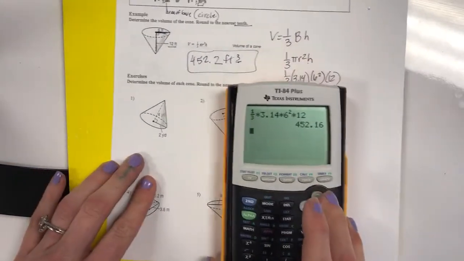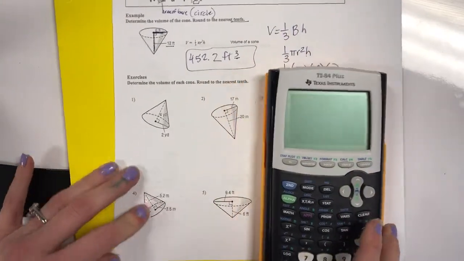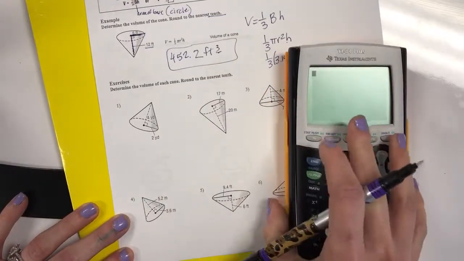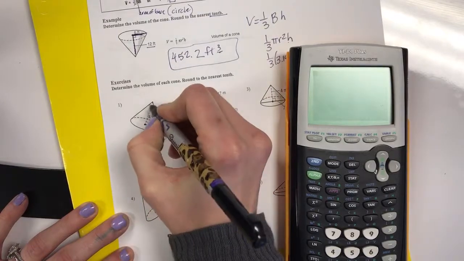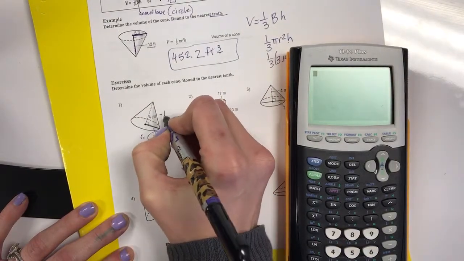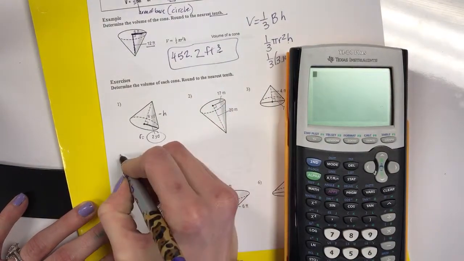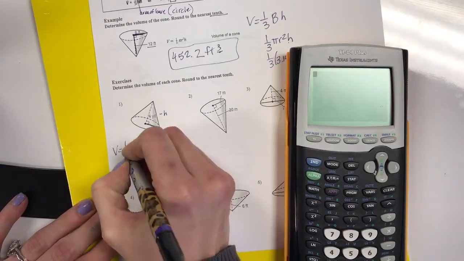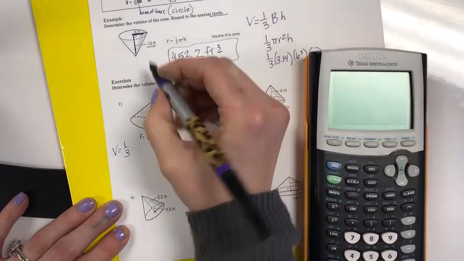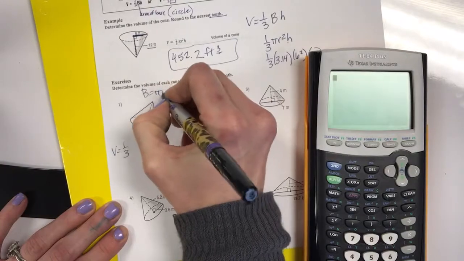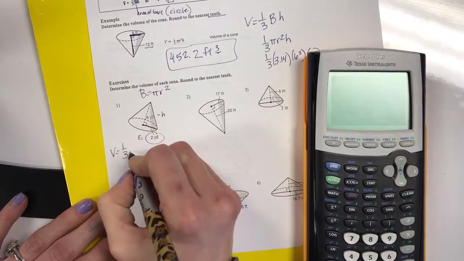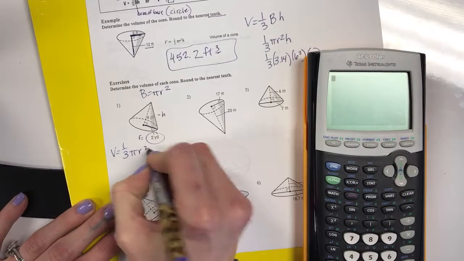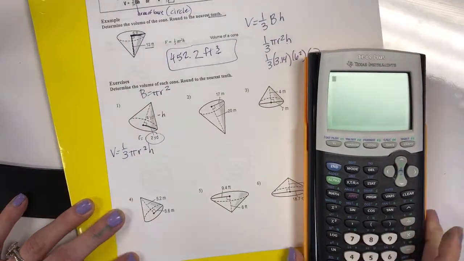So let's look at some of these exercises. Number 1, the radius is 2 and the height of the cone is 4. I'm going to write my formula down, 1/3. Since I know the area of my base is pi r squared, I'll write that in instead of the capital B. So 1/3 pi r squared times height.